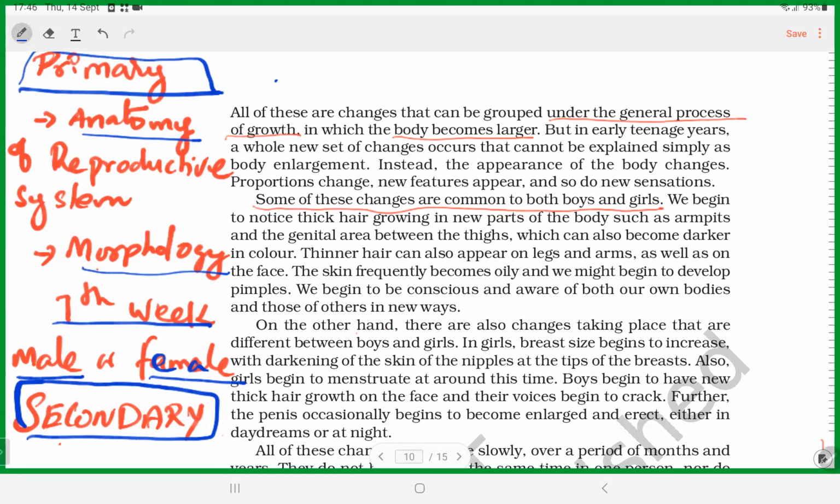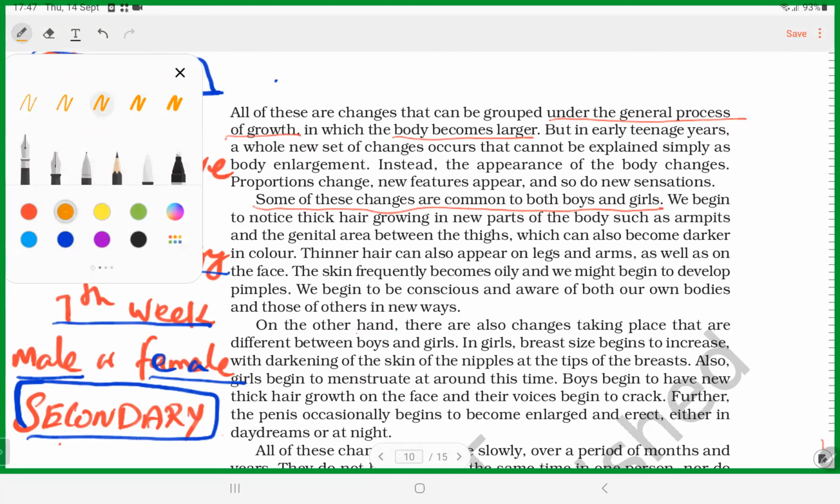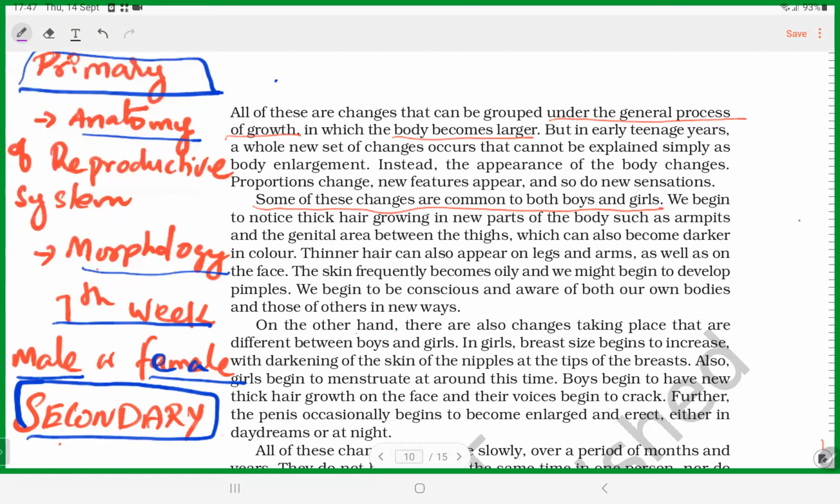Look at the important changes very common in both boys and girls, like thick hair growing in new parts of the body, such as the armpits and the genital area between the thighs. And thinner hair appears on the legs, arms, and face. Can you understand? Yes. Thick hair and thin hair on different parts of the body in both boys and girls.